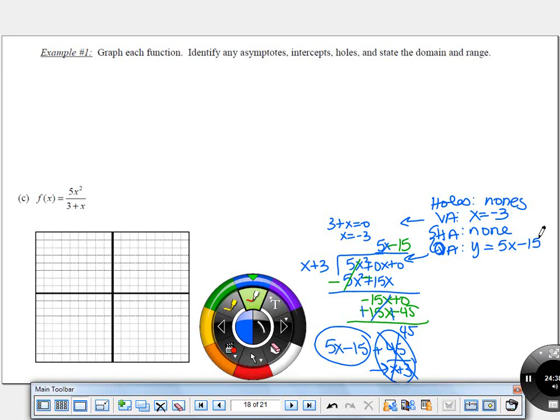So I'm going to renumber my graph by 5s just for simplicity's sake. Okay, so if I graph 5x minus 15, negative 15 is the y-intercept, and the slope is 5, so up 5 over 1, or up 25 to go over 5.